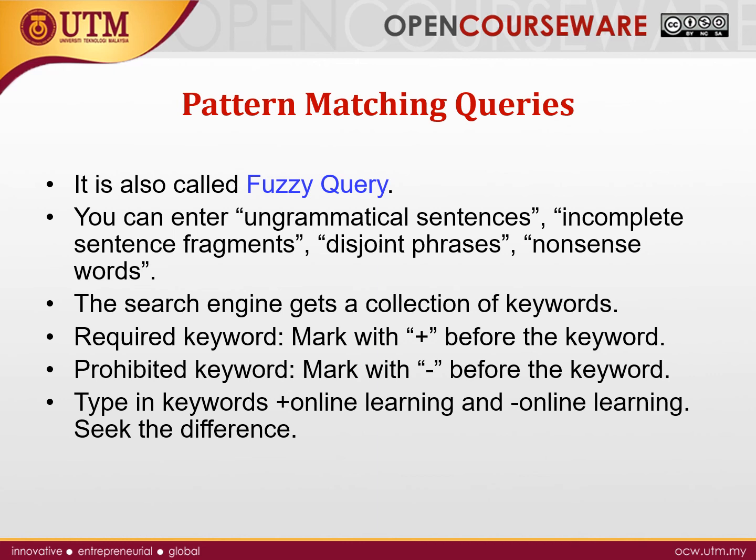You can type an incomplete sentence, disjoint phrases, nonsense words, and what the search engine does is that it's going to complete the incomplete words for you, and it's going to correct the ungrammatical sentences for you. So this is the first, pattern matching queries.